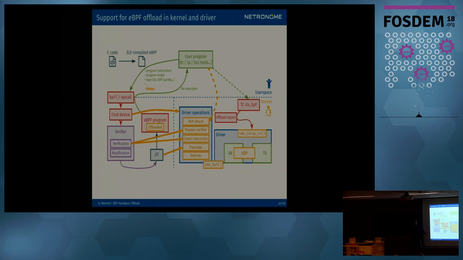And all of this makes it able to offload, to get the programs in the correct shape to run them on the card rather easily. So once we have our program checked and verified and JIT compiled, we can call TC again.